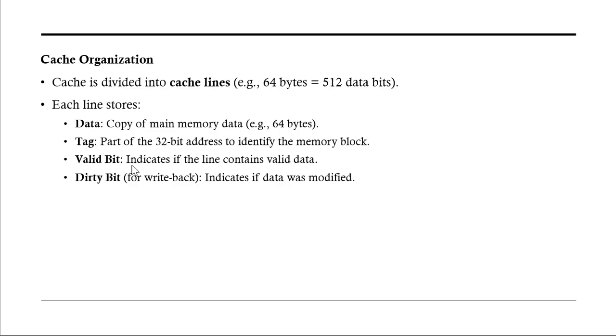The valid bit checks for the validity of the data, and the dirty bit indicates if the data is modified or changed. Those are the cache lines indicated here. Let's move to the next slide.